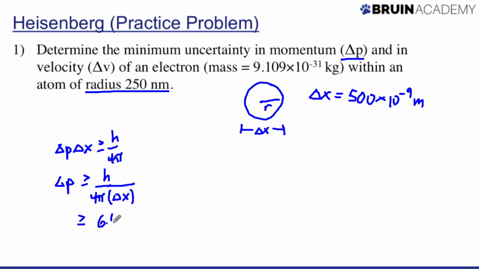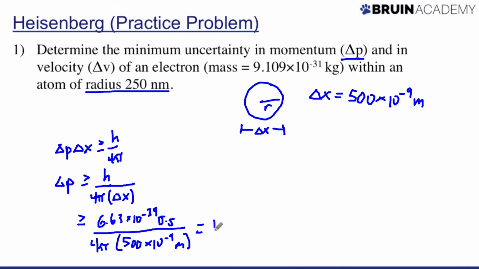That's 6.63 times 10 to the negative 34 joules times seconds, divided by 4 pi times my delta x, which is 500 times 10 to the negative 9 meters. I put that in my calculator, and I get 1.05 times 10 to the negative 28 kilograms times meters per second.